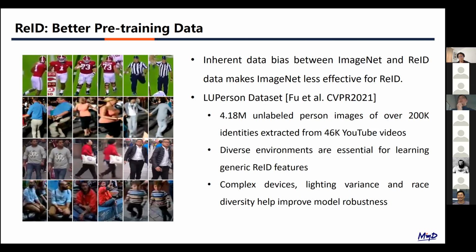It comprises 4 million unlabeled person images and over 200,000 identities extracted from YouTube videos. The property of this data set is that it is really diverse: in terms of environment, capturing device, lighting variance, and racial diversity. All these diversities really help us build a much more robust representation compared to using just the ImageNet data set.